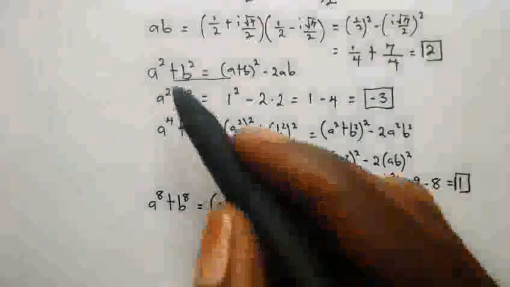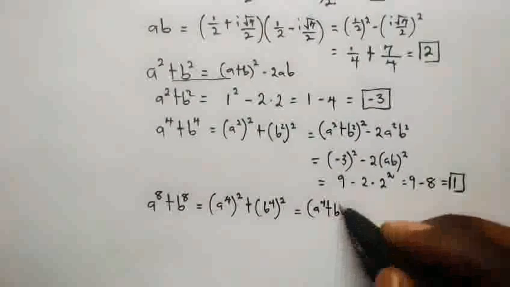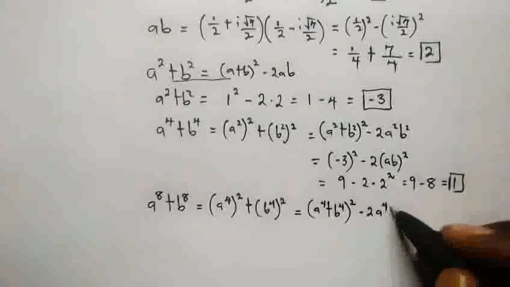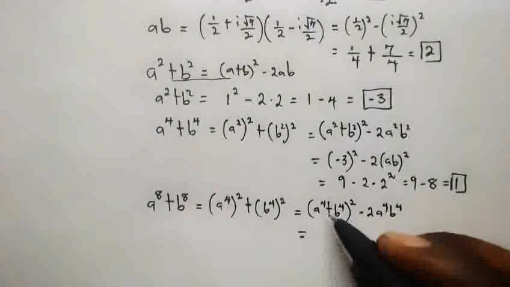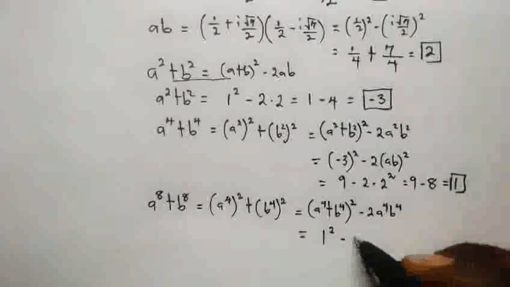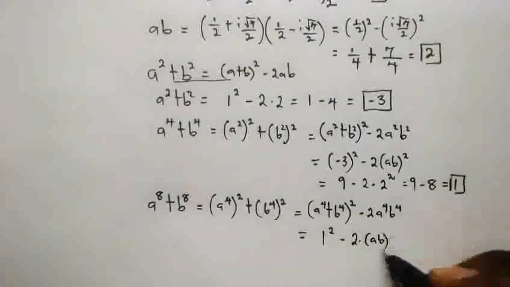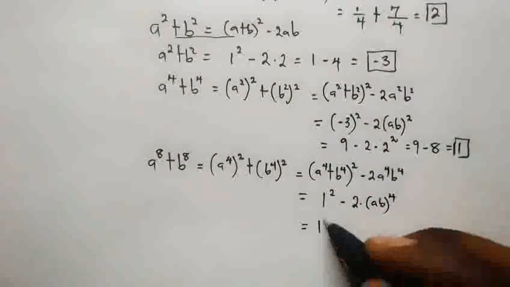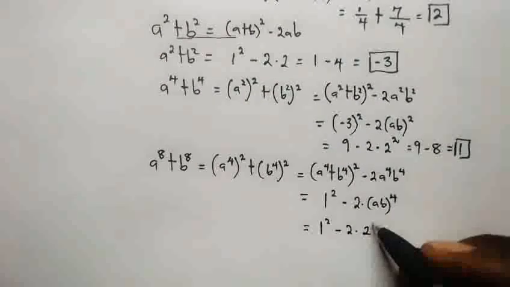Making use of this property, we also have (A^4 + B^4)² minus 2 times A^4 times B^4. A^4 + B^4 is equal to 1, so here we have 1². Then minus 2 times A^4 B^4, which is the same as (AB)^4.